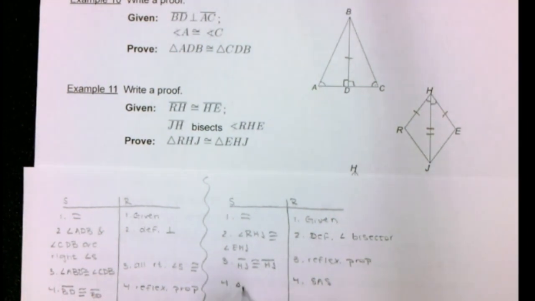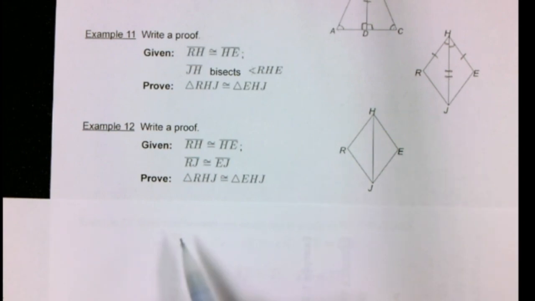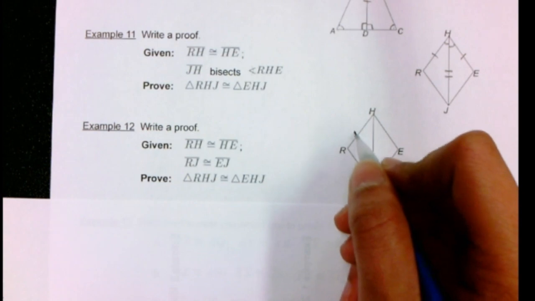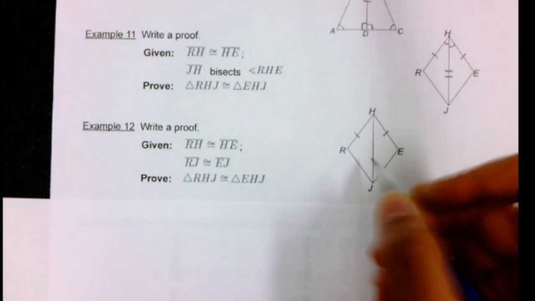So triangle RHJ is congruent to triangle EHJ.